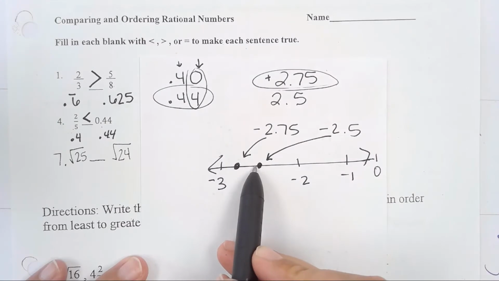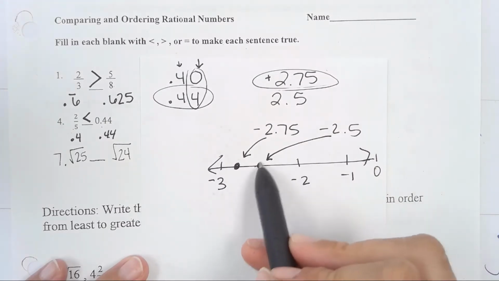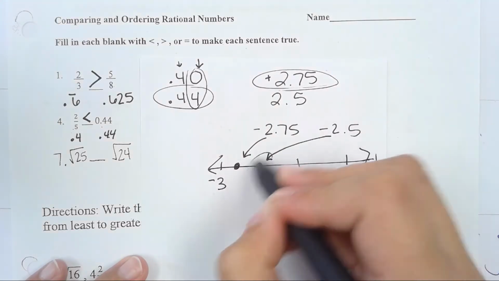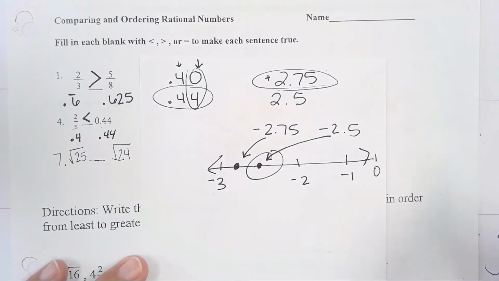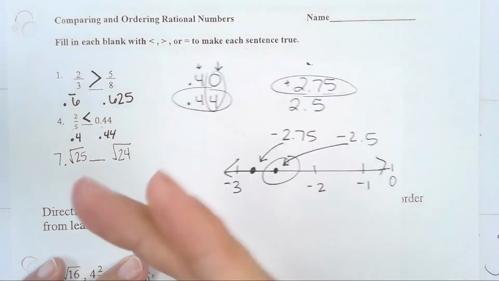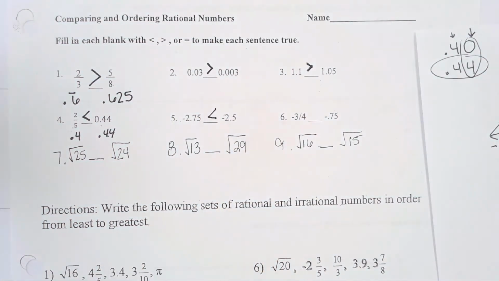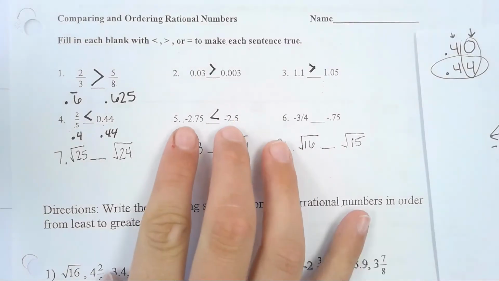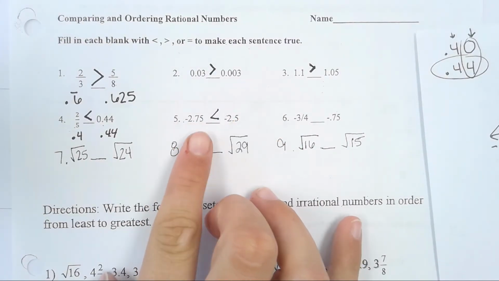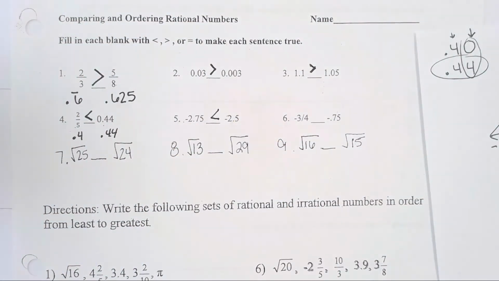The point that's closer to 0 is -2.5. So this number, the -2.5, is greater than the -2.75. So again, whenever you see negatives, you kind of have to think different than if it was positive. If these two were positive, then the 2.75 would be the greatest number. But since they're negative, it's actually the smallest.